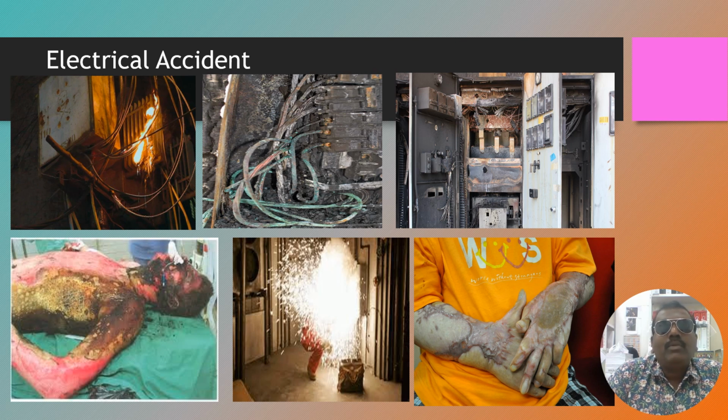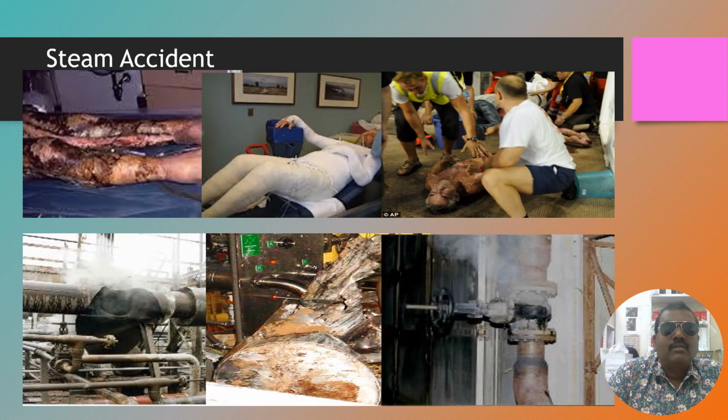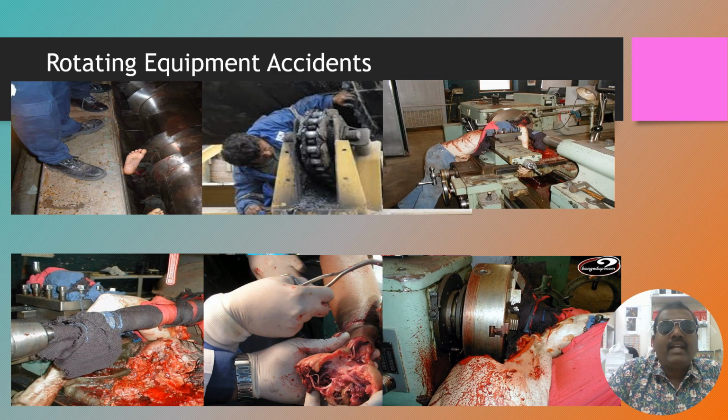At that time it will be elaborated regarding the arc flash. Fire incidents, steam incidents, chemical accidents, and finally rotating equipment accidents. This may happen due to entanglement, right?